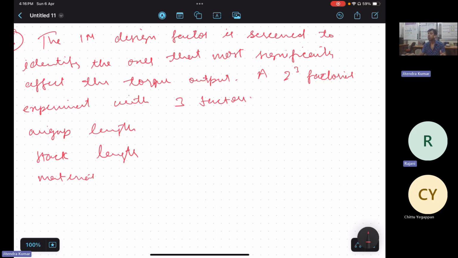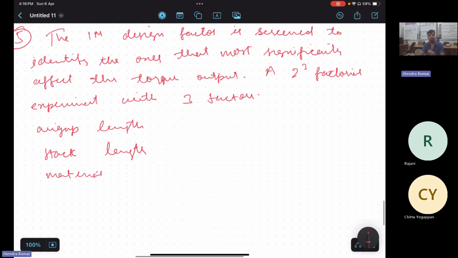So air gap length. Yes. So you are saying option A only. In option D also air gap and material both are there. So you have two options, right? You have to finalize one.